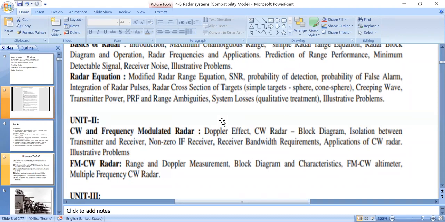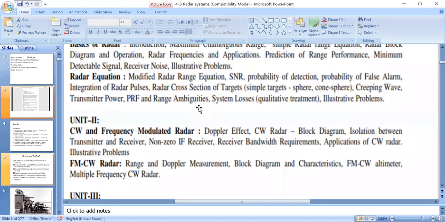Okay. What is the next type of pulse radar? Moving target indication radar. As the name itself explains, it is used to detect moving targets, right? That is your third unit.